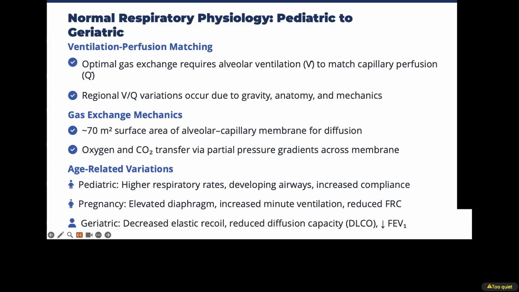Now, how do oxygen and carbon dioxide make this journey? Well, it's not by force, it's by gradient. So oxygen moves from a higher partial pressure in the alveolus to a lower one in the capillary, and CO2 moves the other way. So this exchange is perfusion limited.